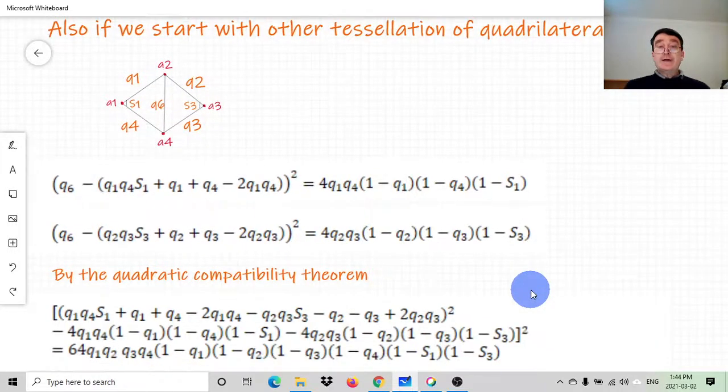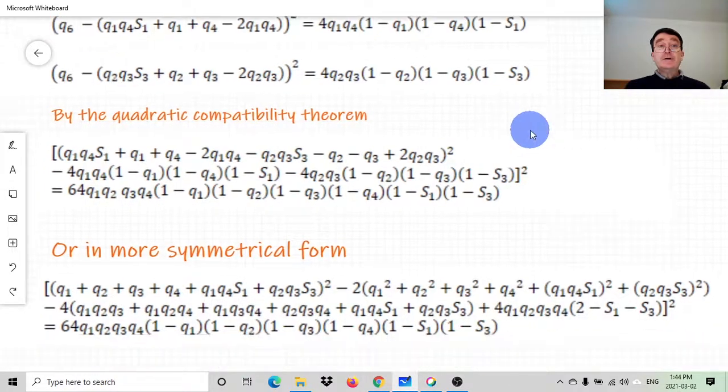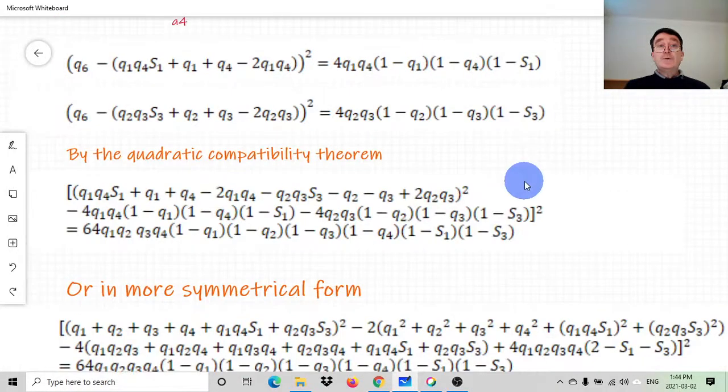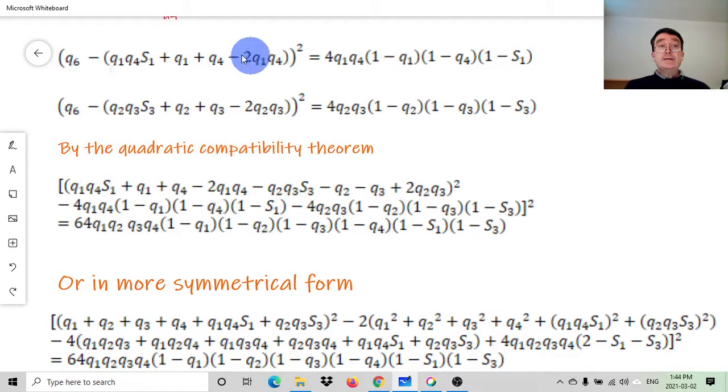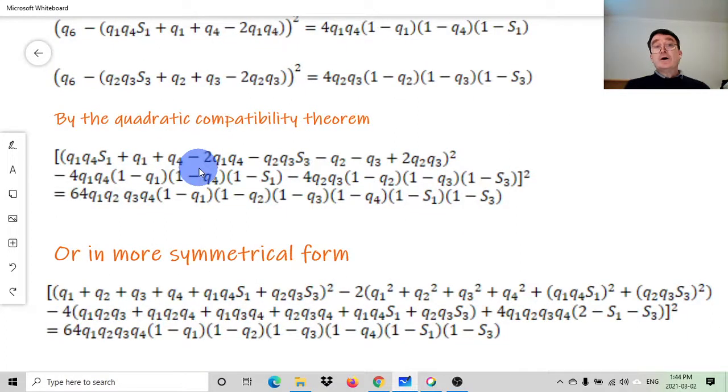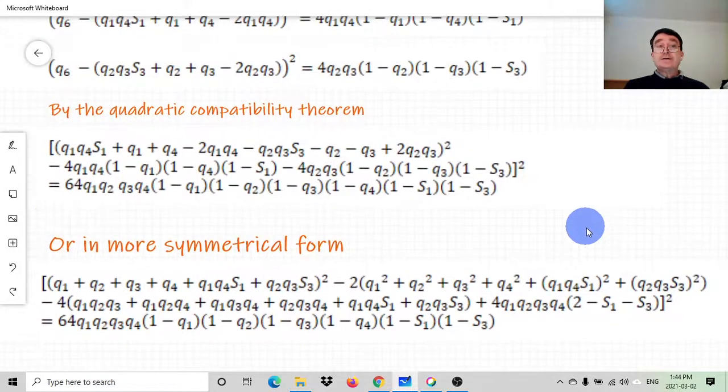And again, by the quadratic compatibility theorem, we can plug these quantities directly into Archimedes' function, and we get these projective double cross formulas with S1 and S3 now being the spreads of the quadrilateral. And again, this is the symmetric form of the projective double cross formula. Okay, so that's it.